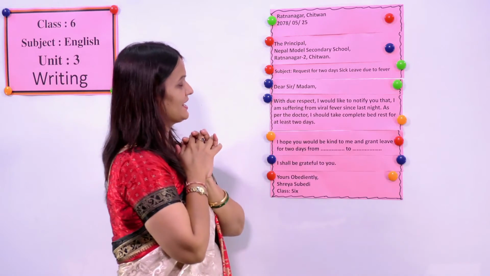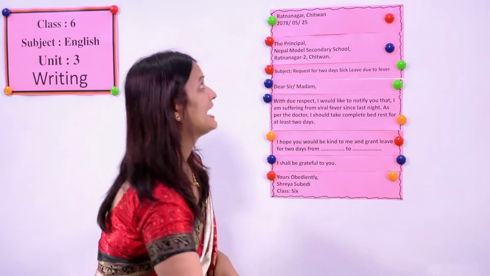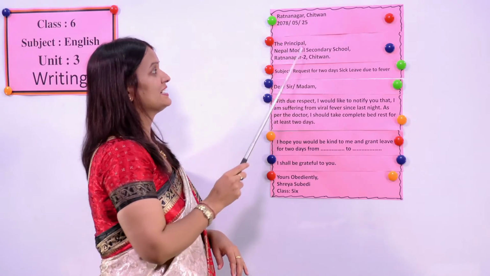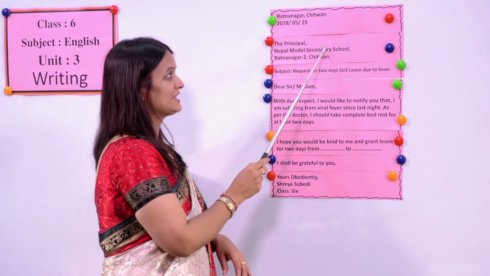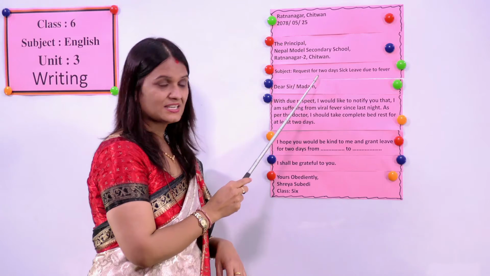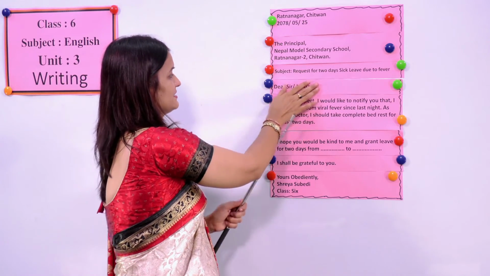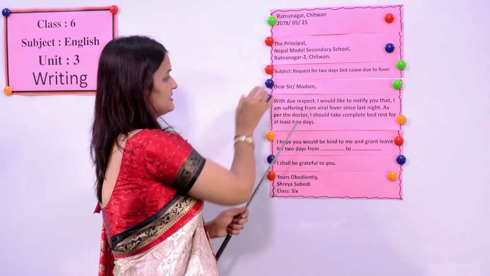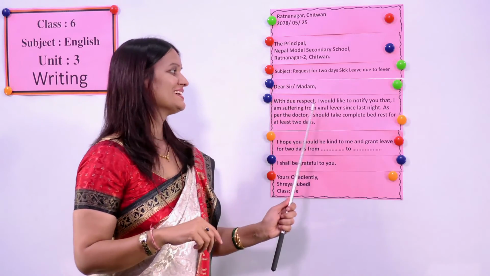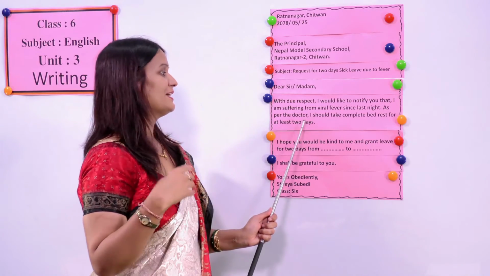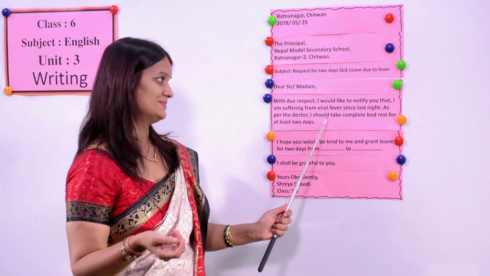So in this way, in this format, you will write. At first address and date, then after post, and then address, school's name and address, then subject, then after salutation you will write. After that, the body part, and in body part, what will you include? Reason for taking leave, then for how many days and for what purpose.